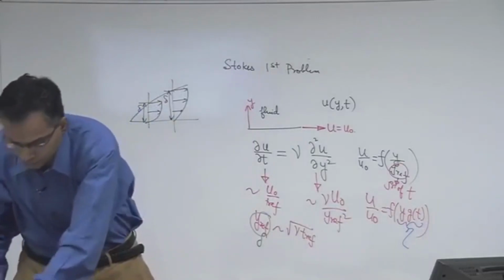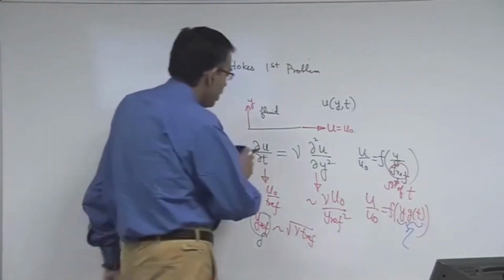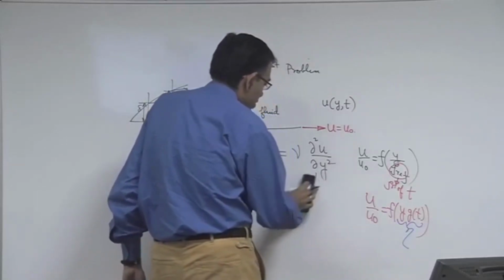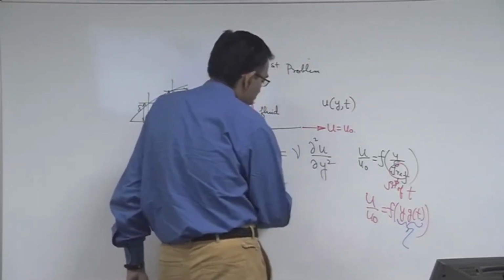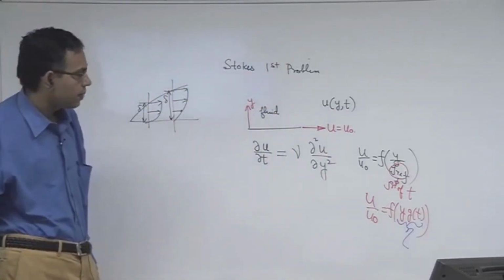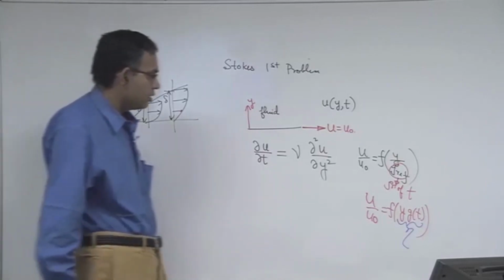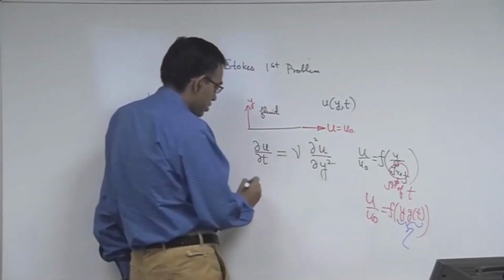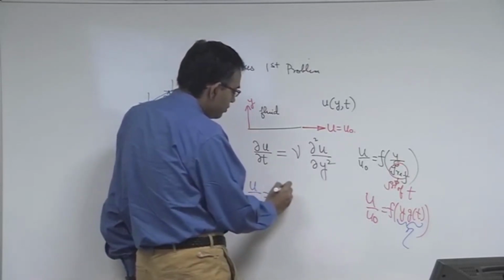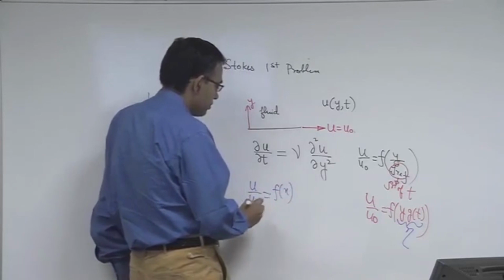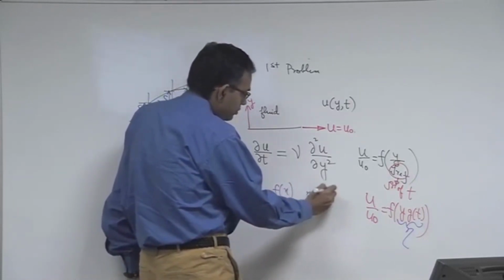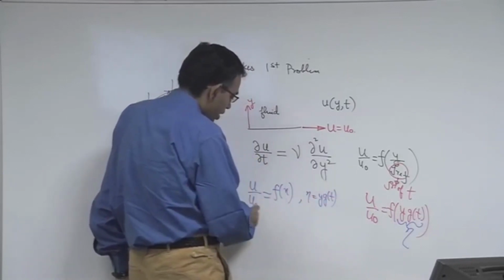Now, we will proceed with the solution of this problem. So, u by u0 is a function of eta, where eta is equal to y into g of t. So, what is del u del t?